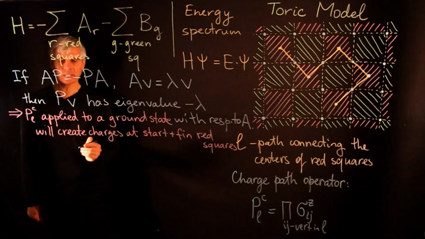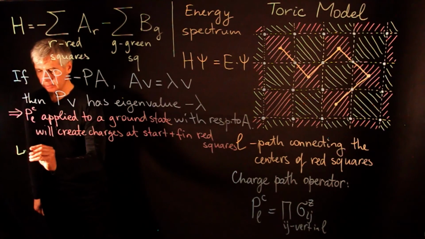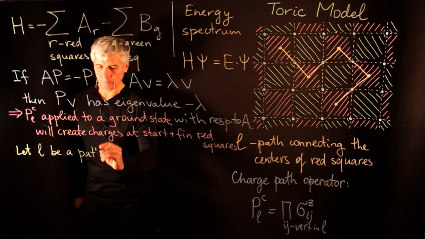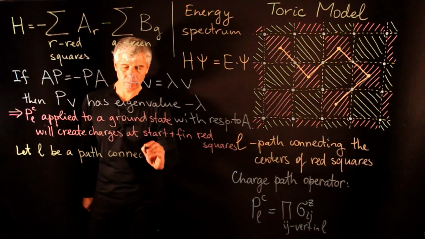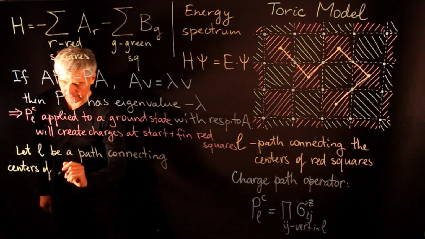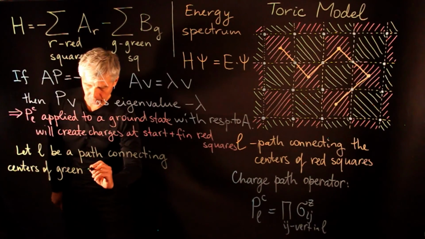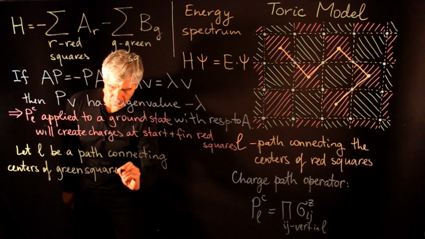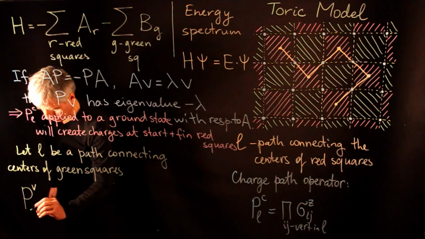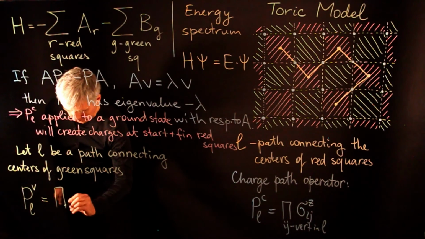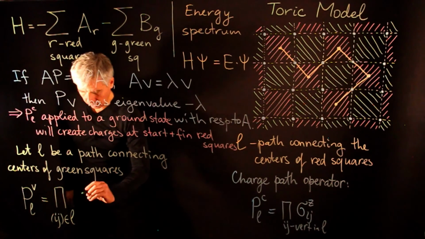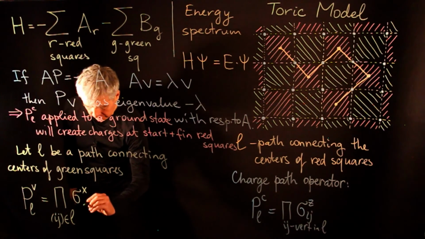We can also apply this construction to vortices. So let L now be a path connecting centers of green squares. And consider the vortex path operator, which will be the product over ij on this path of sigma x ij.